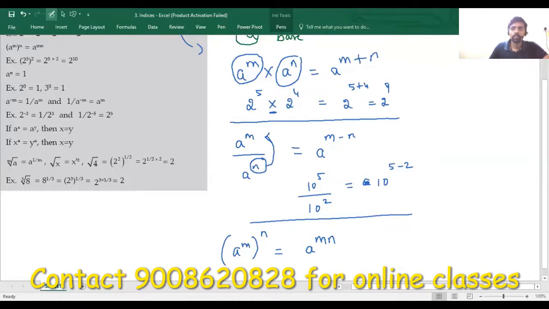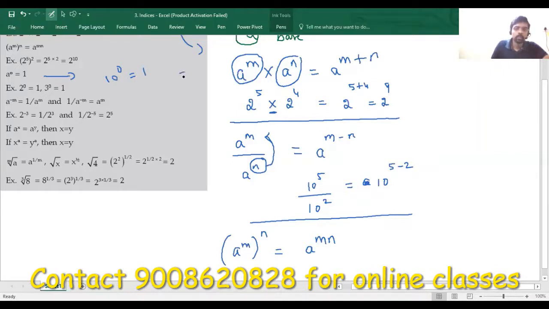See, we are done with 3 so far. So next one is anything to the power 0. Anything to the power 0 is 1. It can be 10 to the power 0, 10 to the power 0 is 1. 100 to the power 0 is 1. 5 to the power 0 is 1. So please remember this.